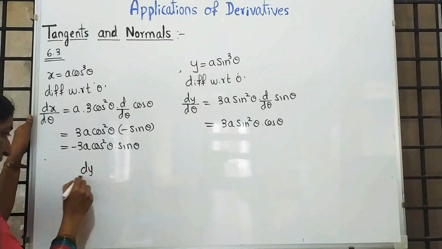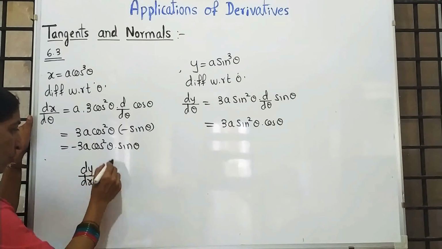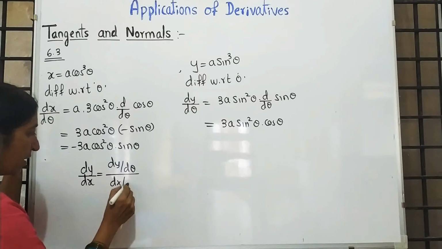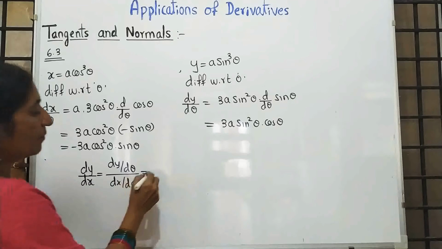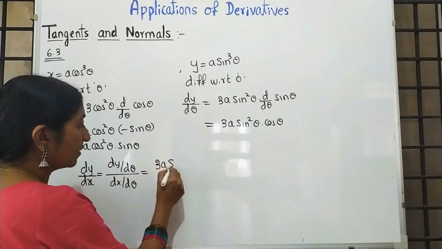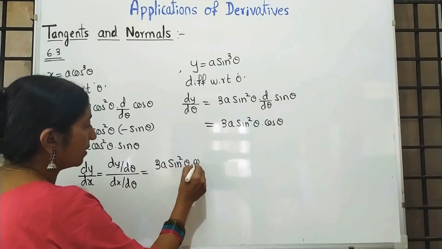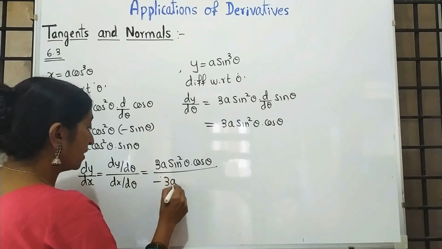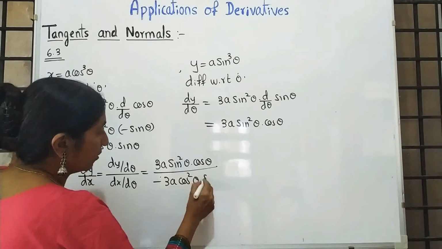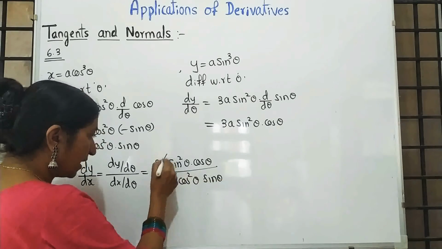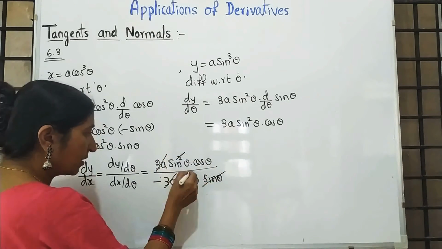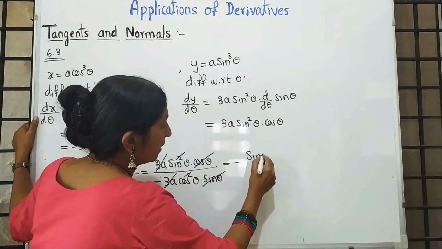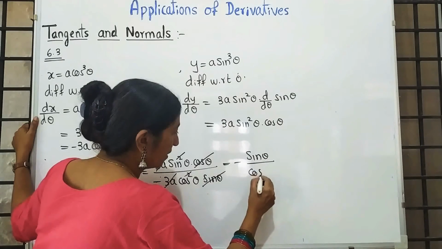Already you are familiar. dy upon dx is equal to dy upon d theta divided by dx upon d theta. That is 3a sin square theta into cos theta divided by minus 3a cos square theta into sin theta. 3a gets cancelled, so one sin is cancelled, one cos is cancelled, and this minus in the bracket, in the numerator sin, in the denominator cos.